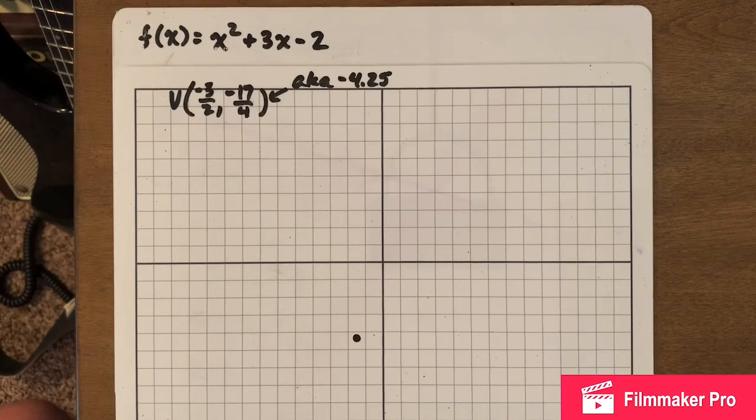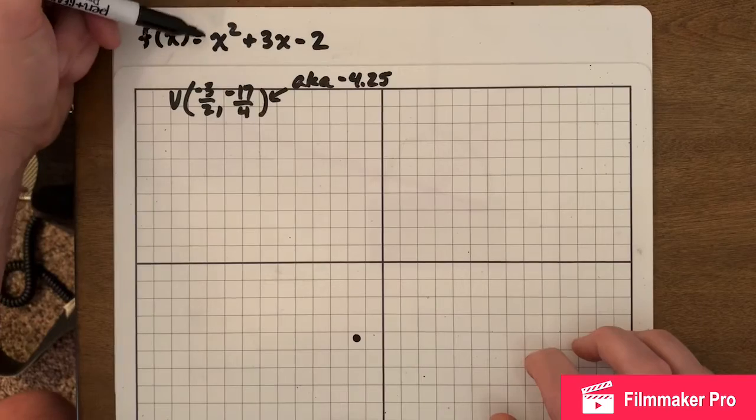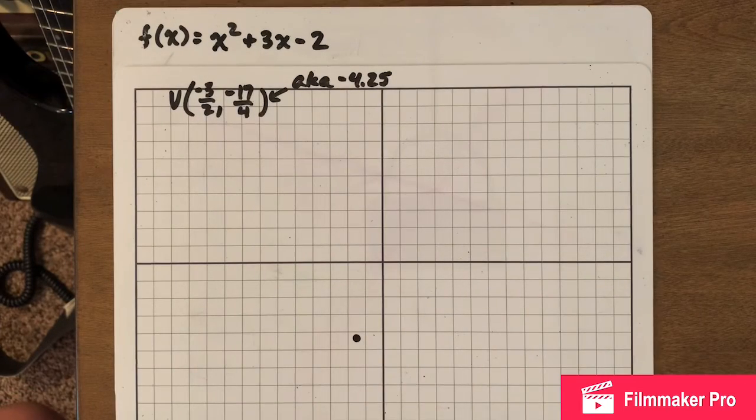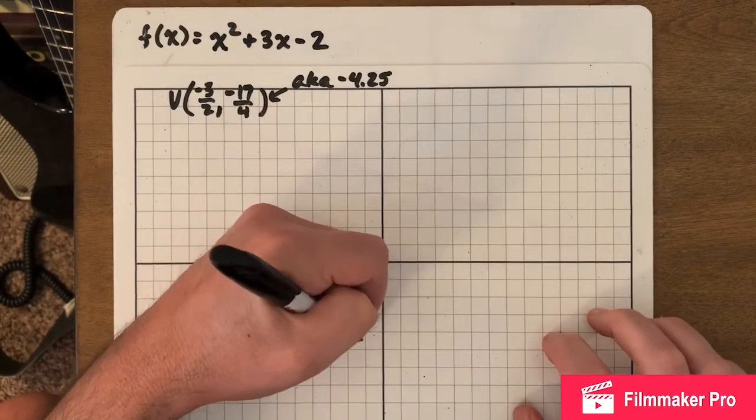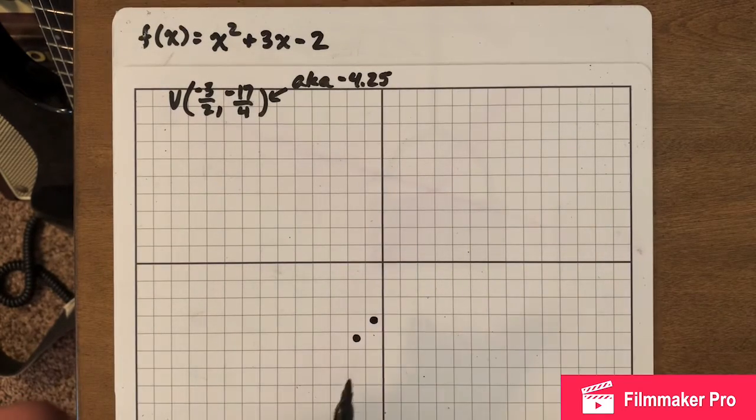And that happens frequently. So how do I use my pattern to graph all the other points? I have an a value of 1, which means over 1, up 1. If you can keep track of where you're going, it's really no big deal. If you can't, you're going to have to make a table of values and calculate all these y values by hand or in the calculator, and that's going to take a lot of time.